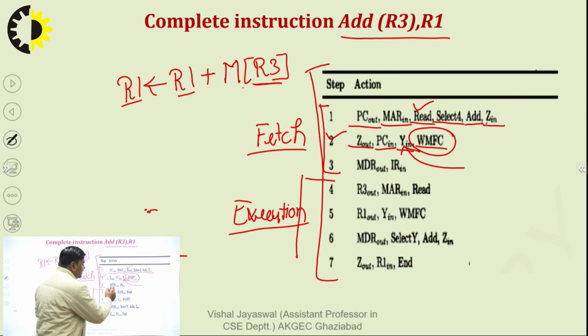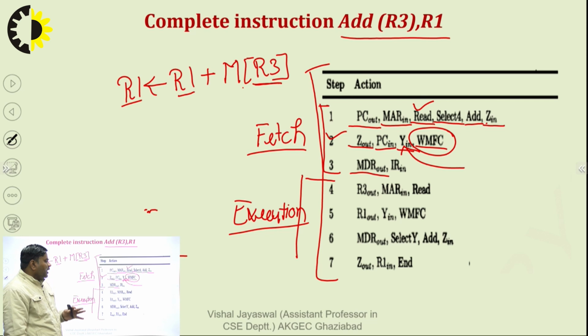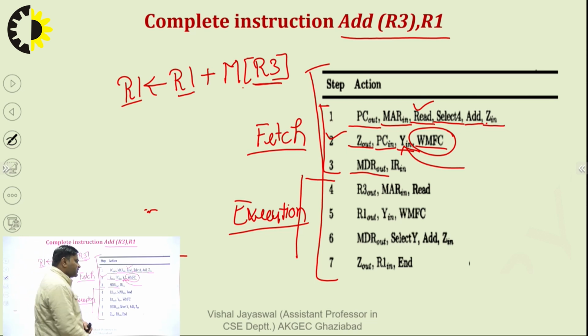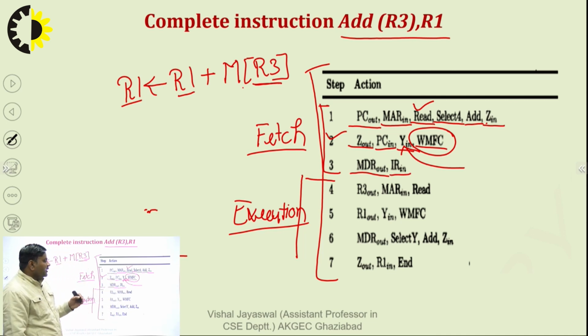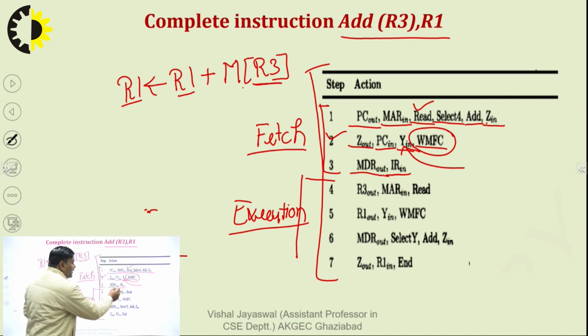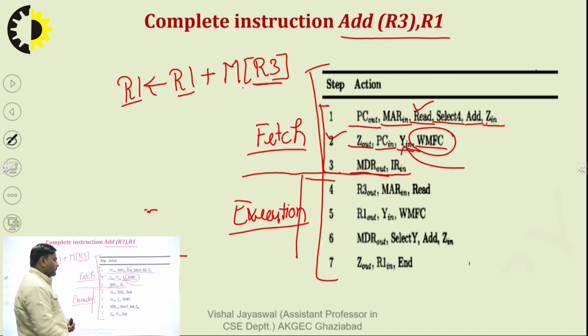So step number 3 is MDR out, meaning our instruction comes out from the memory data register and goes into the internal processor bus. Then IR in means our instruction goes from the internal processor bus to the instruction register. This is the fetch phase for the instruction.